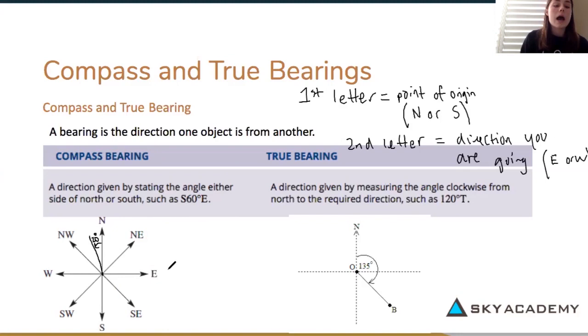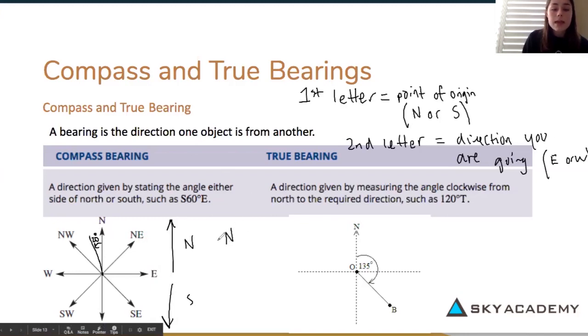I know I am in the north half of the diagram. So this is the north half, this is the south half. So my point of origin is going to be north. And I need to know how far I'm traveling. I'm traveling 20 degrees. And now I need to know which direction I'm traveling. And I'm traveling towards the west direction. So my second letter is going to be west.